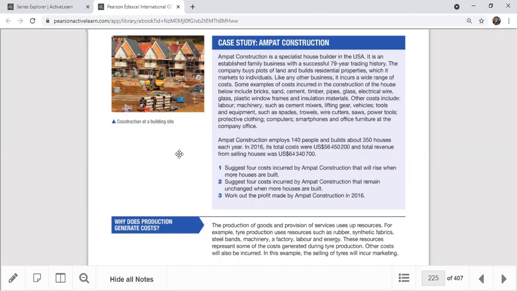The second question: suggest four costs incurred by AMPAT Construction that remain unchanged when more houses are built. This is what we normally call fixed cost, because when you're doing a business, fixed costs do not change.